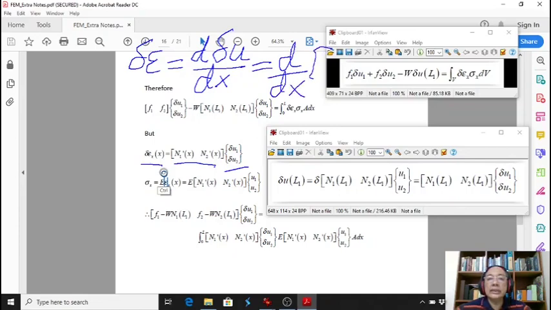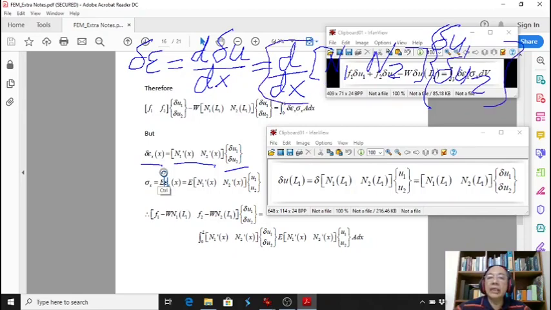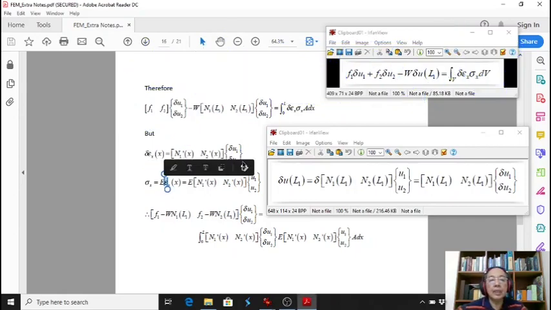Virtual U is N1, N2 times virtual U1, virtual U2. So the derivative gives N1 prime and N2 prime multiplied by virtual U1, virtual U2.